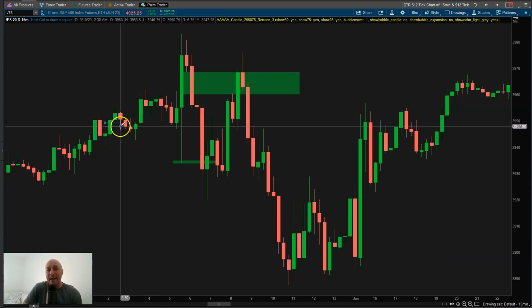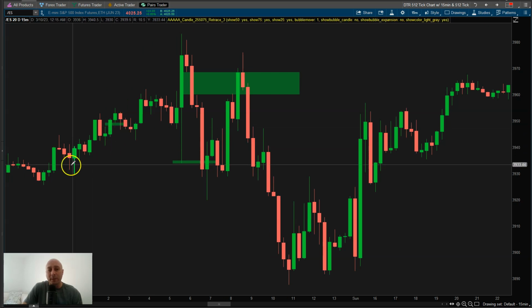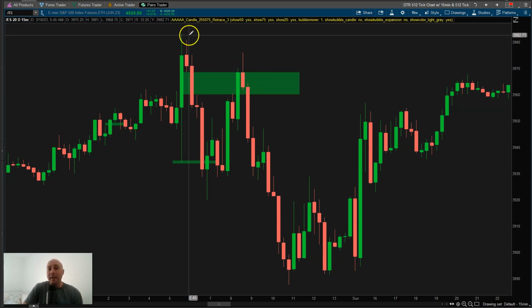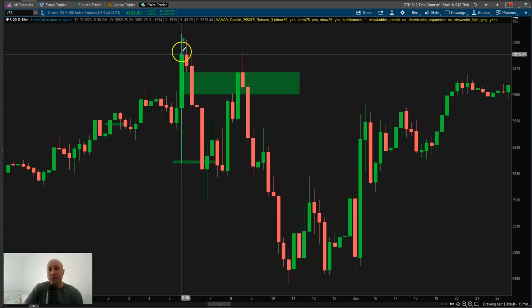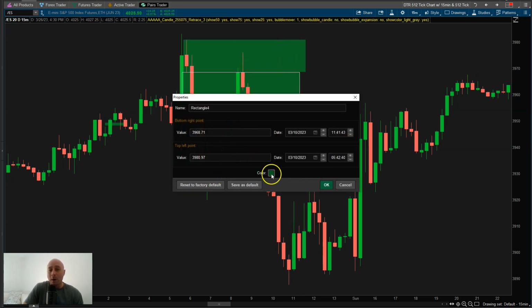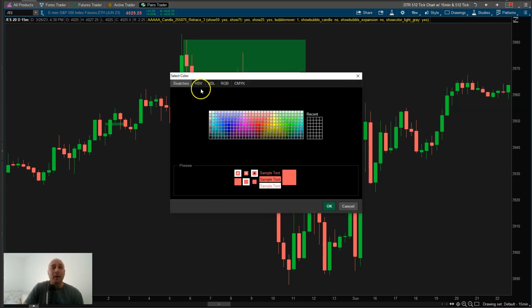So we had a very mini one here, but you can see a lot of times price will overlap. Well, the order block is using the number 1 candle, and you draw from high to low, and that becomes your order block. So let's color this red.